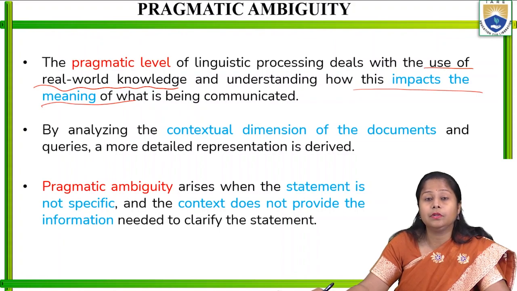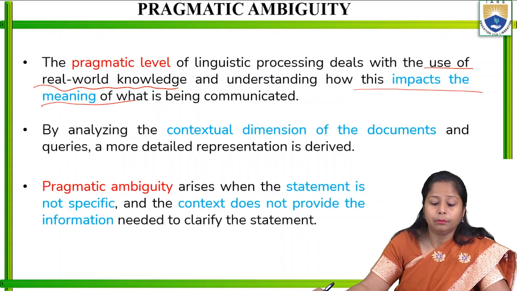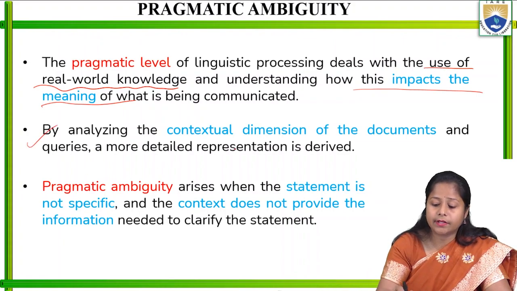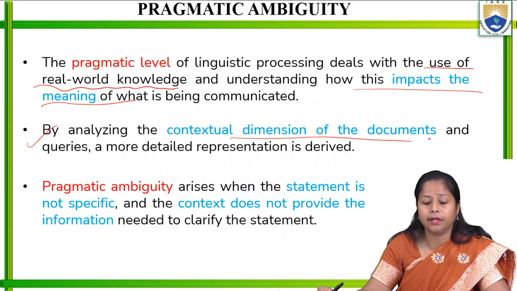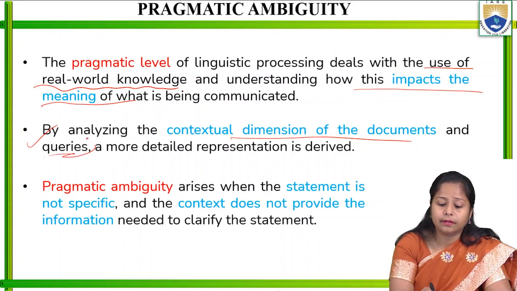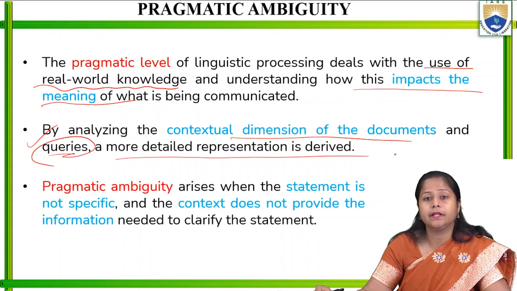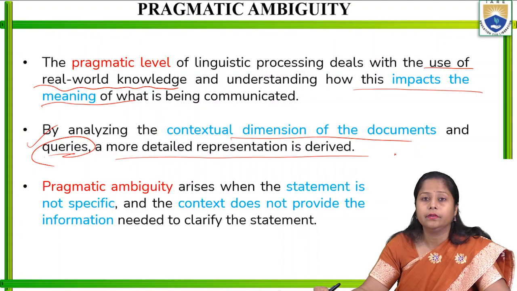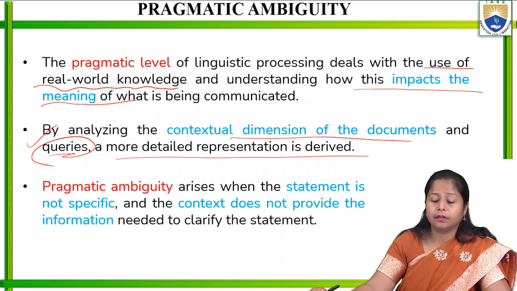Dealing with that will be very difficult, but with pragmatic ambiguity disambiguation we have to analyze the contextual dimension of the document and queries so that a more detailed representation can be derived. That is one method to do that.